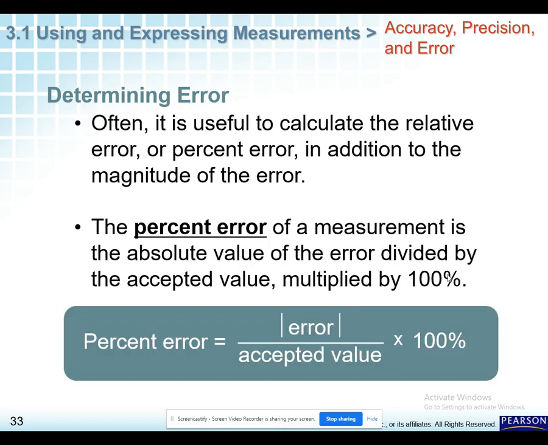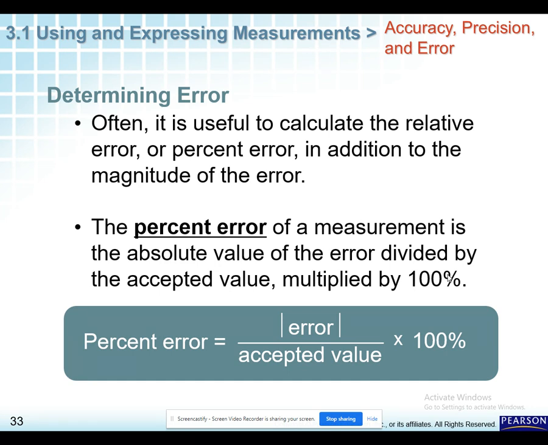Now, oftentimes, error alone isn't useful. Most of the time, I'll have you calculate percent error, which is what you're going to be doing in your lab. You'll find percent error in a lot of other labs if you decide to take advanced chem, because it allows you to see how well you did something. So often it's useful to calculate the relative error or percent error in addition to the magnitude of error. Our magnitude was negative 0.9. Here we're going to calculate percent, so how far off.